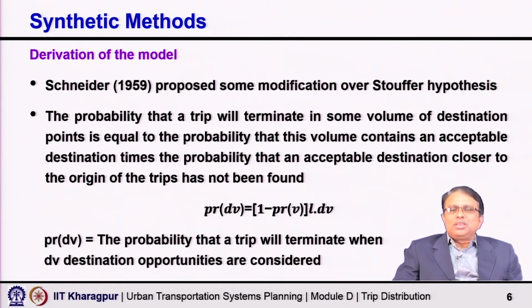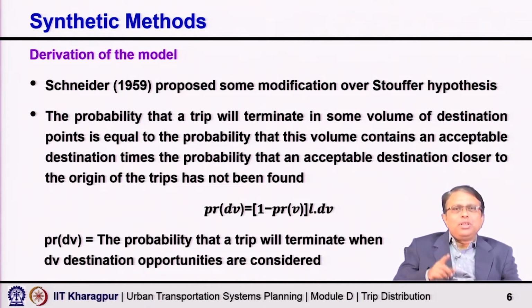One is the probability that an acceptable destination closer to the origin of the trip has not been found. That means 1 minus probability of v, because at a distance v, the small band or ring of dV exists. Within this v, what is the probability that a destination could not be located? That is 1 minus probability of v into L dV.